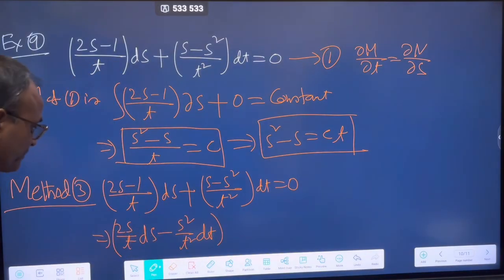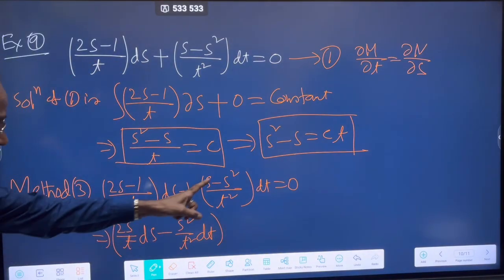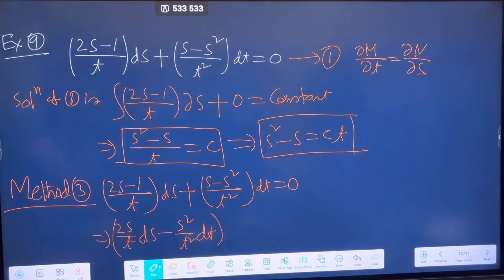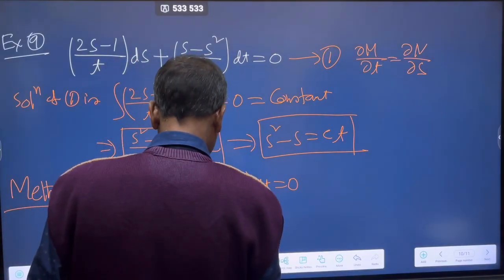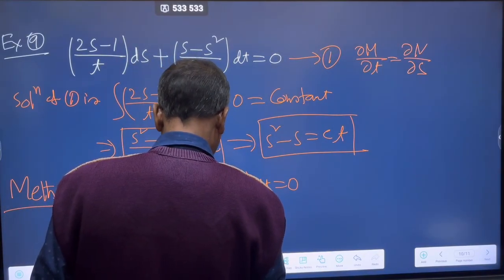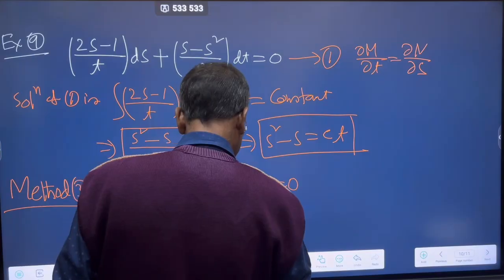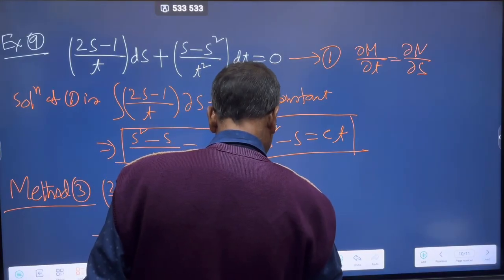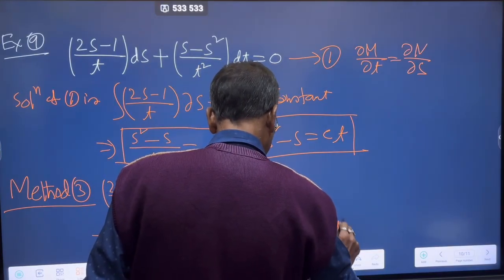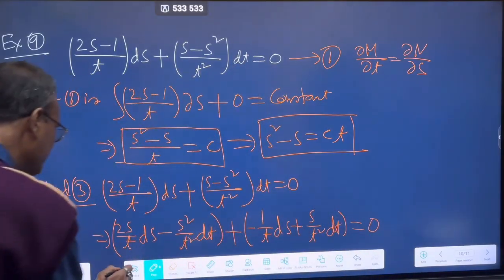Just group this one. 2s by t ds minus s square by t square dt, plus minus 1 by t ds plus s by t square dt equal to 0.